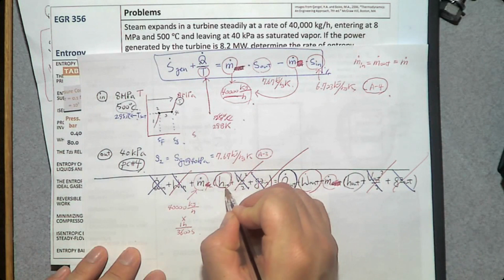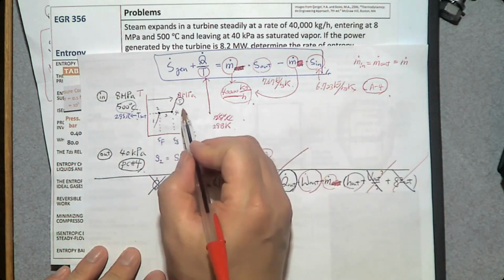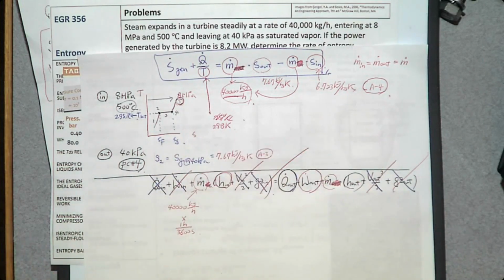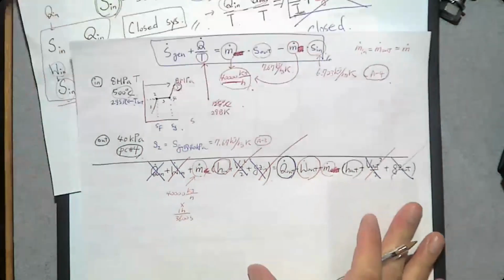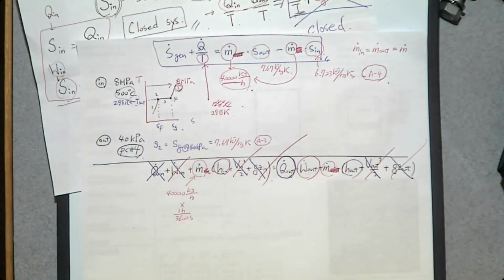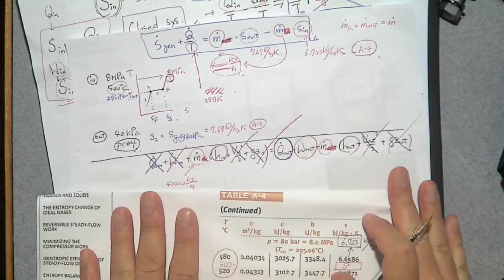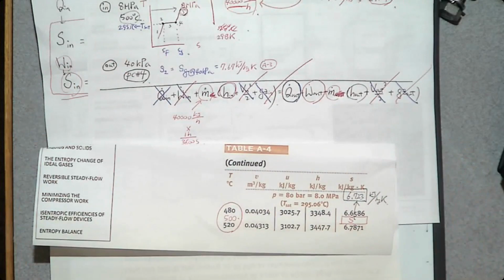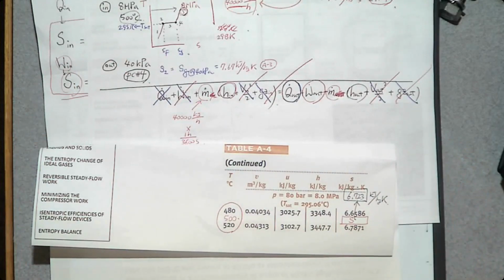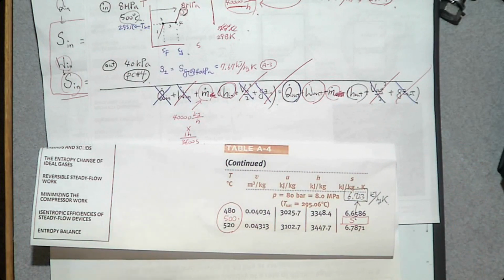We already know at the inlet we have a superheat vapor, so you can go to the superheat vapor table to determine h in. There is a superheat vapor table, table A4, and here we use the linear interpolation, so we are going to do that again for this h. So this time we are going to determine h in. Where is h in?